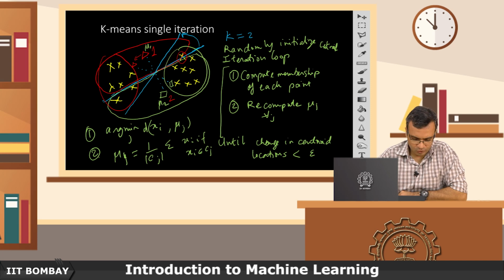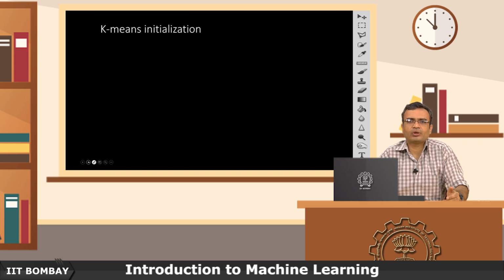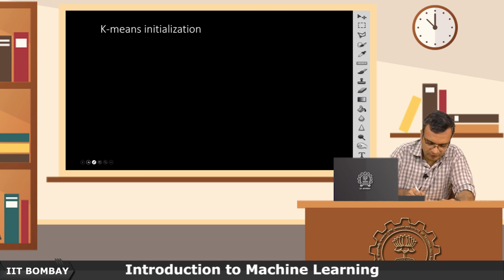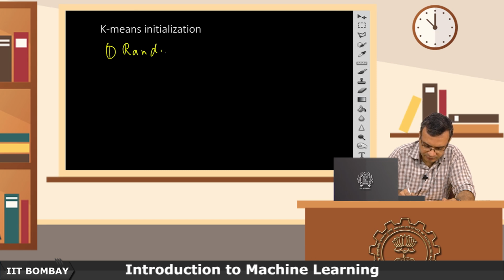A couple of things to note about this algorithm. First of all, we need to think about how these points will be initialized. One way is to choose random cluster centers before the first iteration, and then just proceed from there. So one possibility is random initialization, which I talked about in the previous slide.